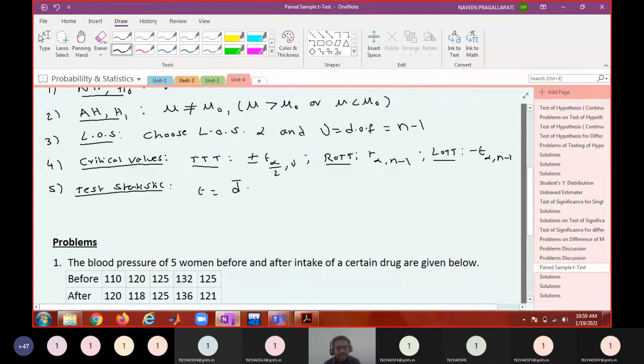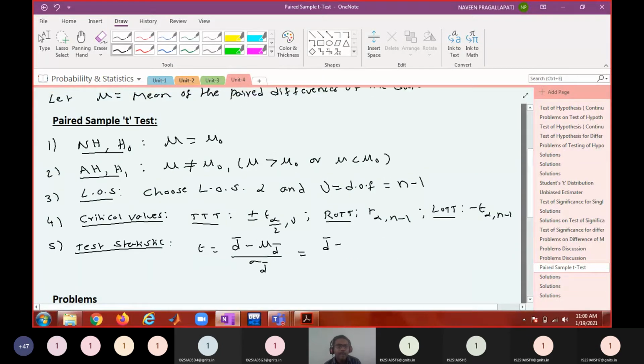They are denoted with d bar minus mu d bar divided by sigma d bar, something like x bar minus mu x bar by sigma x bar. So d bar is also an unbiased estimator. Therefore mu d bar is going to be E of d bar, which is mu.